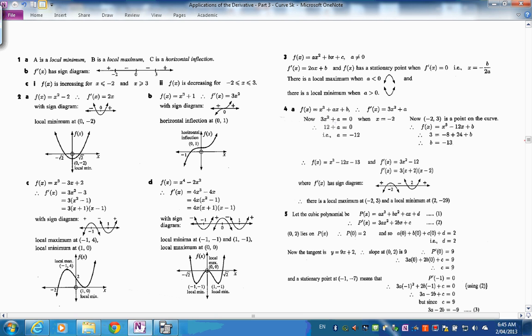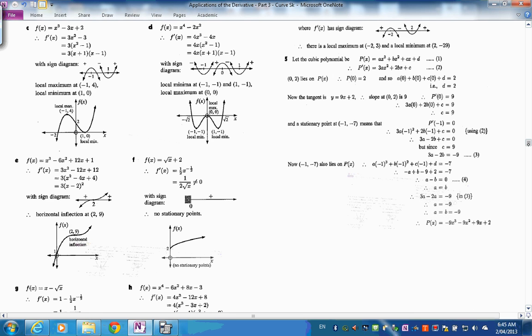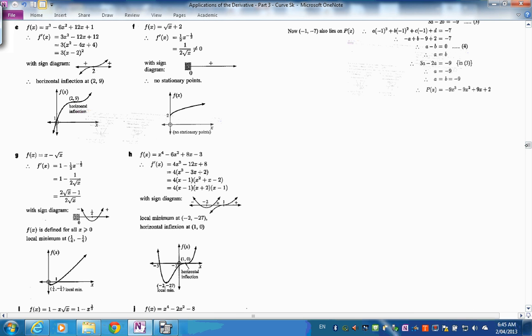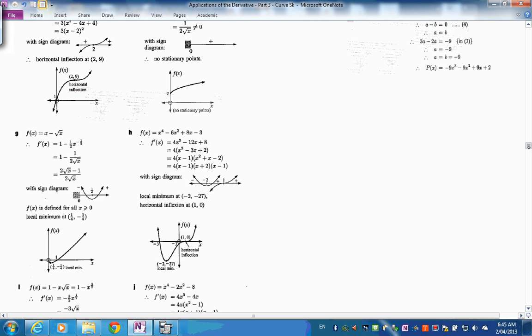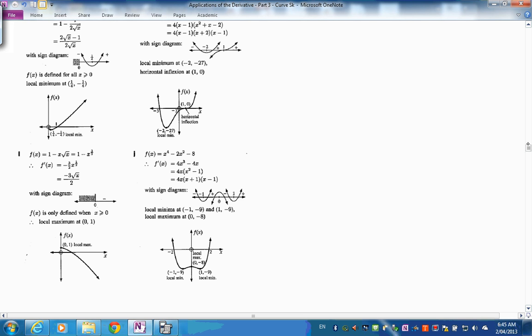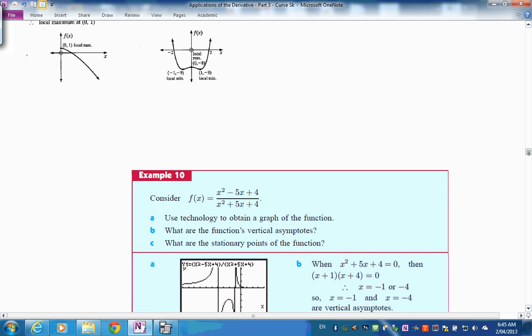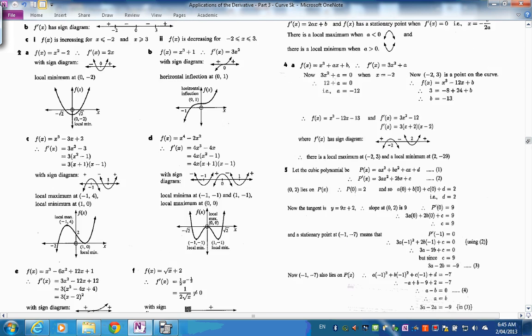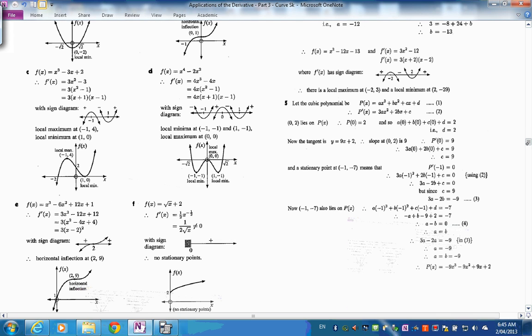So pause it, check your work, and then we're coming down to E and F and part of G and H. Pause it there, and down the bottom here I and J. Check those things out. Also check it with technology. So then we just pop in here to get 5. Okay, so go through those, pausing the presentation and checking your work.